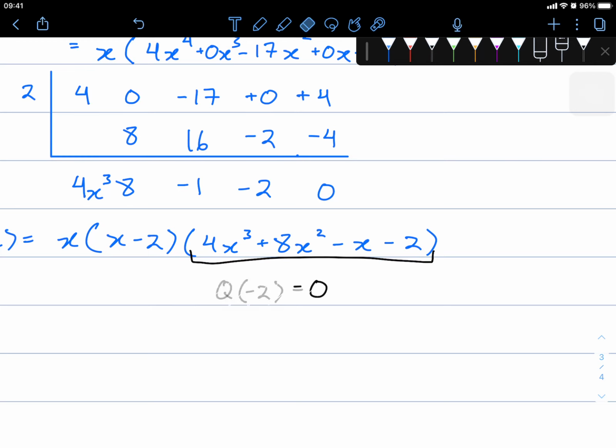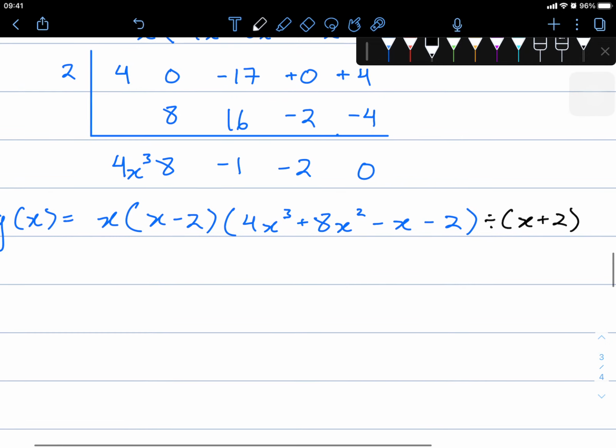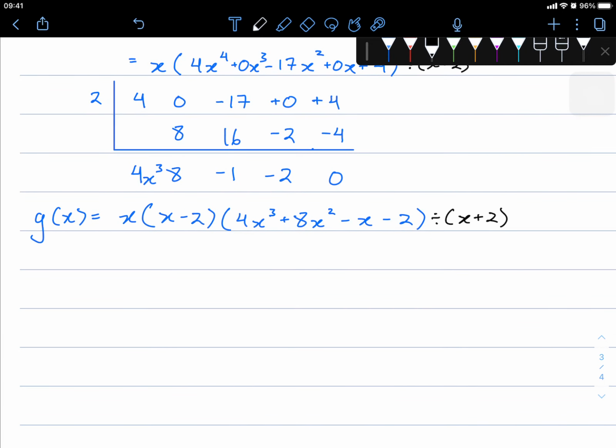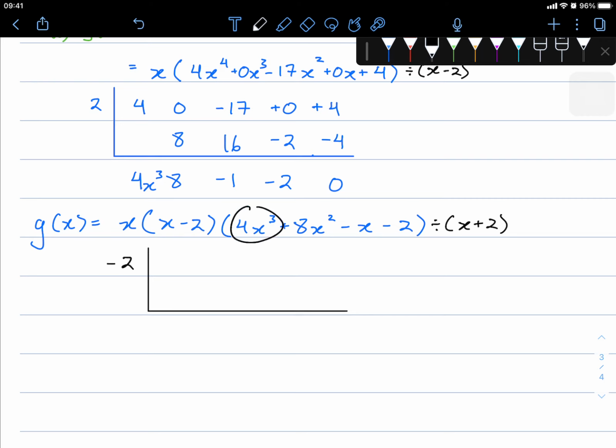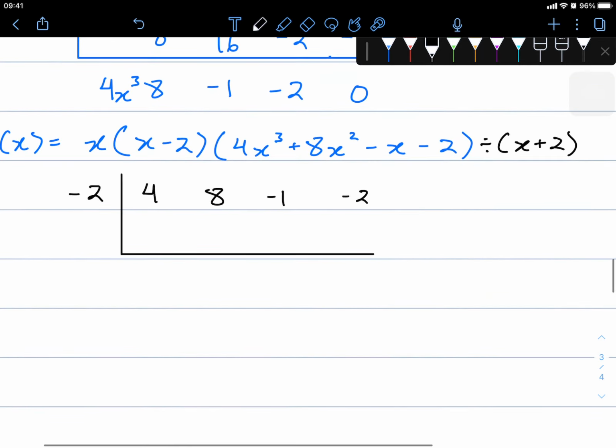So what we're going to be dividing by is x plus 2. So that's our factor, but we're going to write it as negative 2, and we're going to take the coefficients of this polynomial here. So 4, 8, negative 1, negative 2.